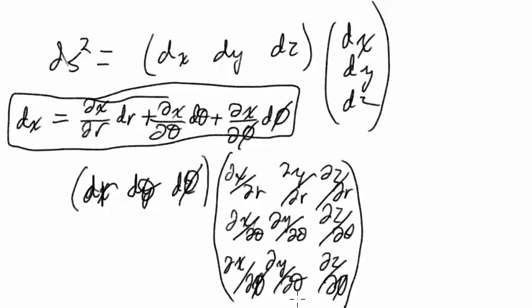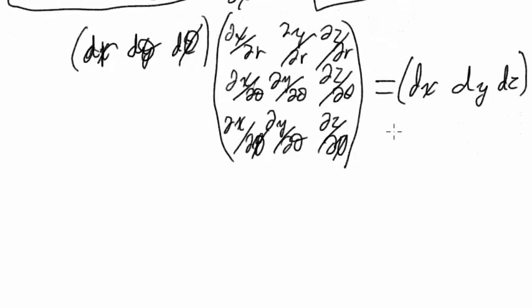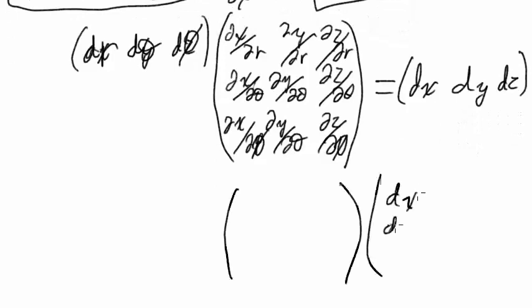So this is equal to dx dy dz. And then this is going to be the same thing, except that dx dy dz is over here on this side, and so you can just go, well, it's the transpose of this thing.